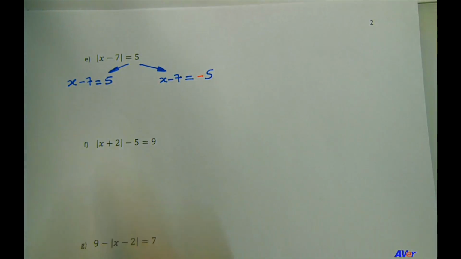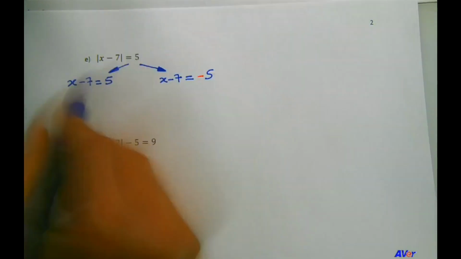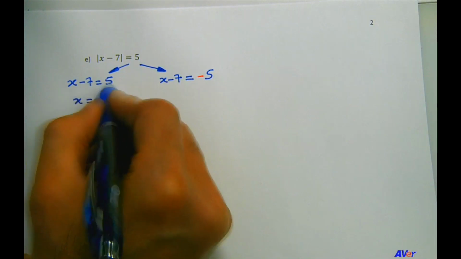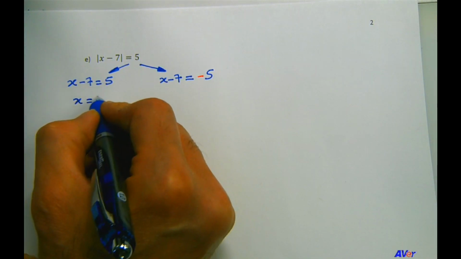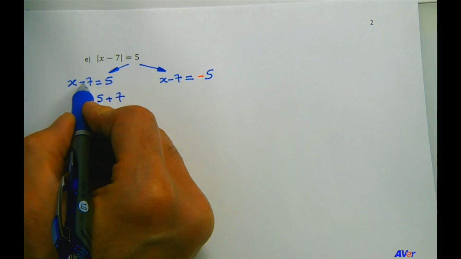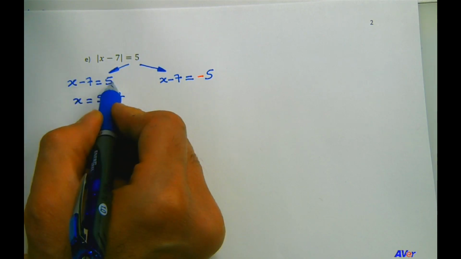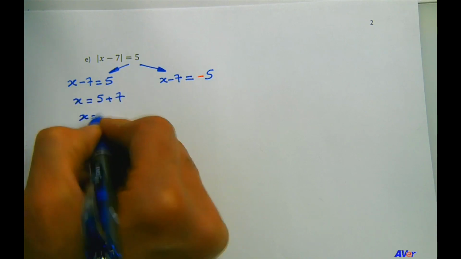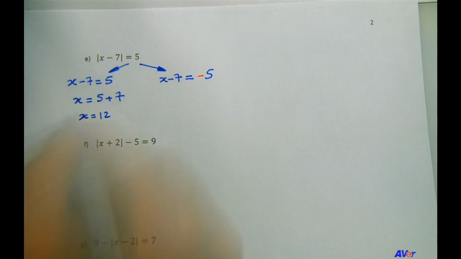Next, let's solve from each path. Let's solve for x. So here, x equals -7 plus 5, so we have 5 plus 7. On this side, it's -7, right? When I move it to the other side, it becomes +7. So x equals 12. That's one of the solutions.